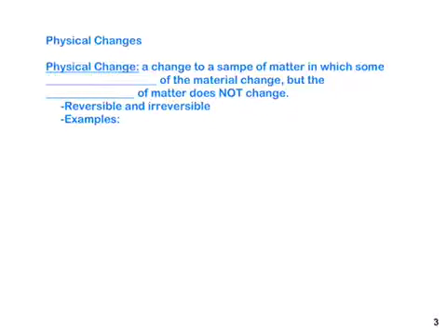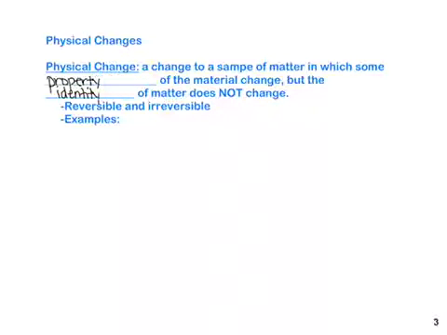So the last thing to talk about is changes in these physical properties, and we call these physical changes. A physical change is a change to a sample of matter in which some property of the material changes, but it doesn't change the identity of that matter.